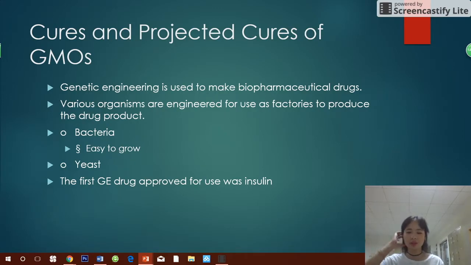Bacteria are preferred options, as they are easiest to grow and scale up for production, but depending on the complexity of the drug's molecular structures, other organisms, such as yeast, can also be used to express the drug product. The first genetically engineered drug approved for use was insulin. By the year 2000, there were over 100 genetically engineered drugs on the market.